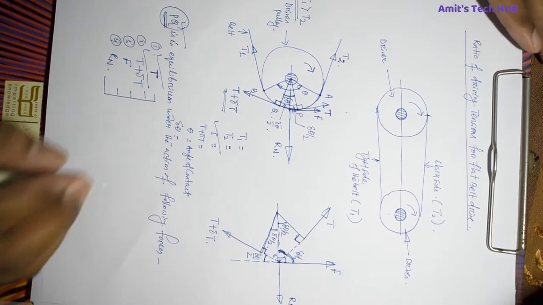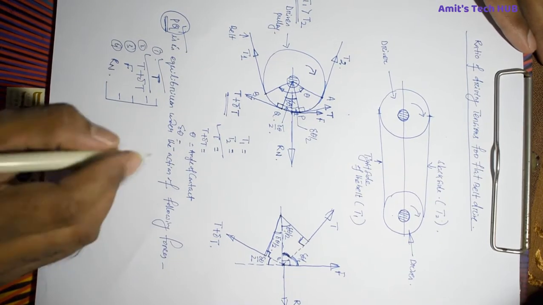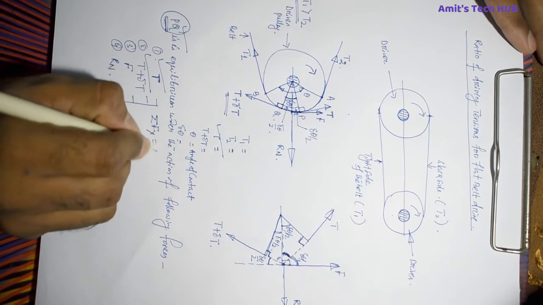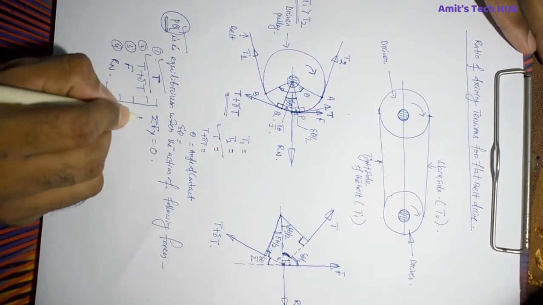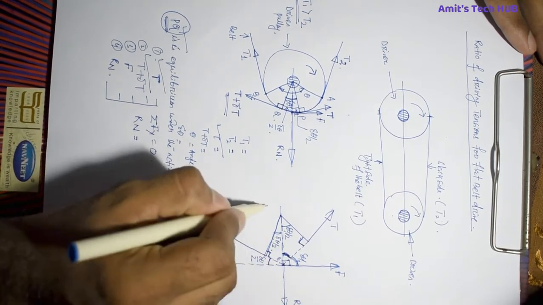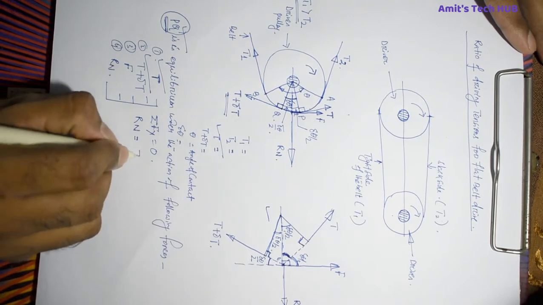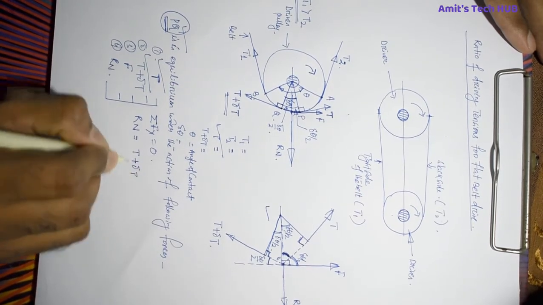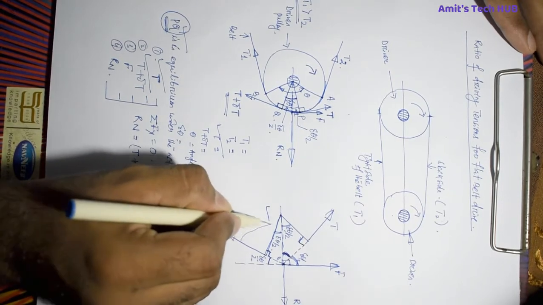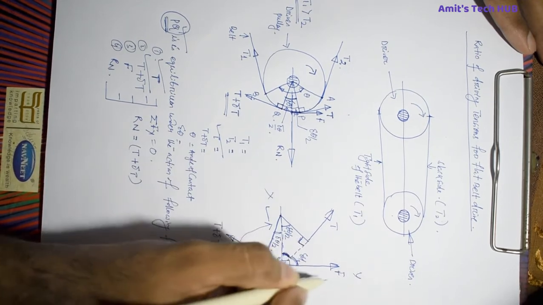Okay, so considering the equilibrium of the small portion of the belt, if I consider summation of Fx is equal to 0, then what can we write? Then we can write Rn is equal to, just see this figure, T plus del T, if we resolve along the x direction, suppose this is the x direction and this is the y direction.